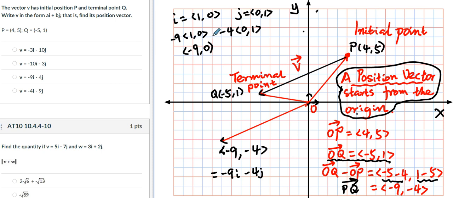We add those two together. And here we add. -4 times 0 is 0. -4 times 1 is -4. Then eventually add together. That will be -9 plus 0 is -9. 0 plus -4 is -4. So it will end up in this way.